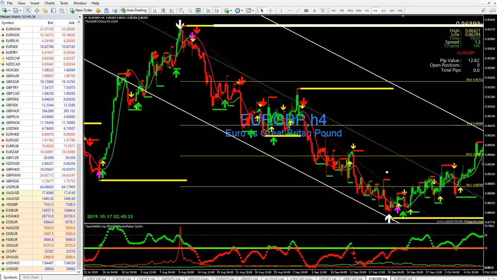I want everyone to pay attention to this area here. The triple arrow appears back on August 7, 2019. That's when the triple arrow appeared on 4 hours, right? Now, what appears in there? What time frame do you see here?